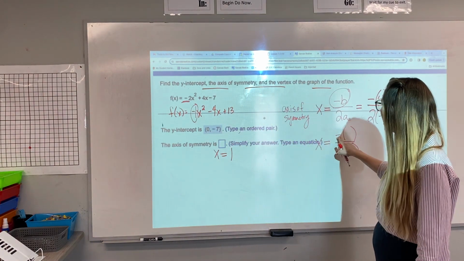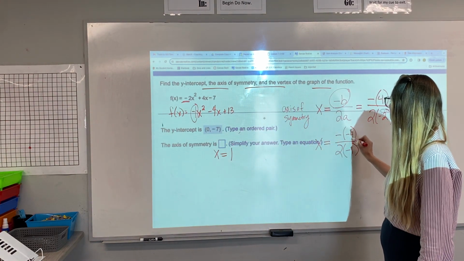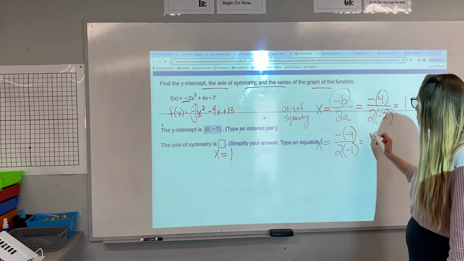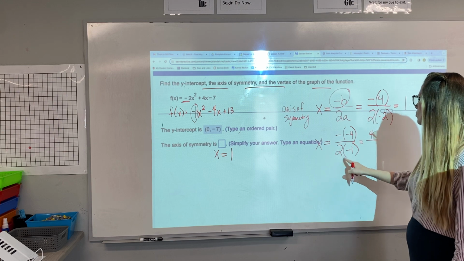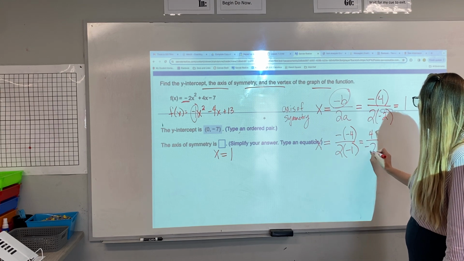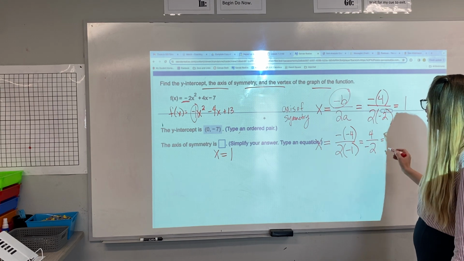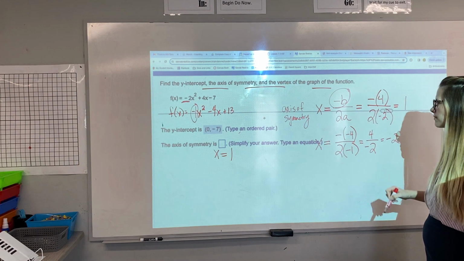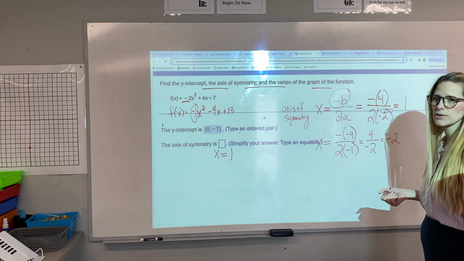So you have a -4. Simplify that, a -4 is a +4. 2 times -1 is -2. Divide those and you get -2. So yours is x equals -2.